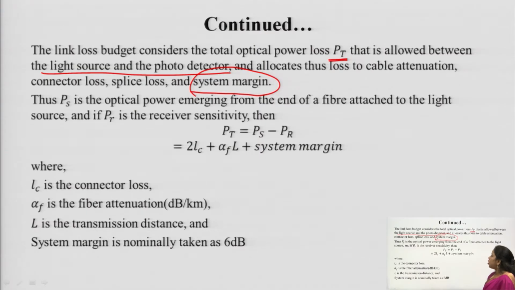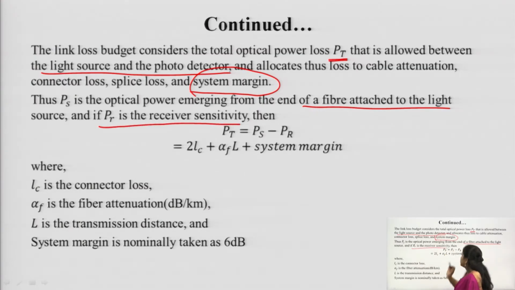Thus, PS is the optical power emerging from the end of the fiber attached to the light source, and PR is the receiver sensitivity.